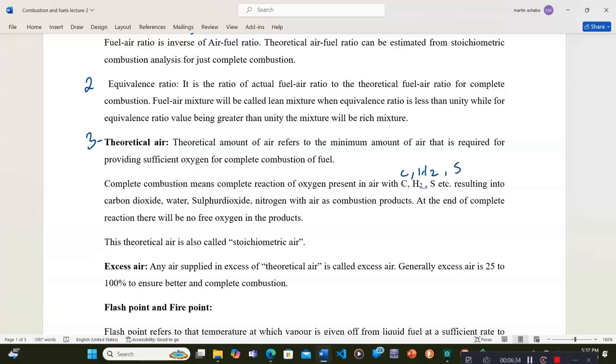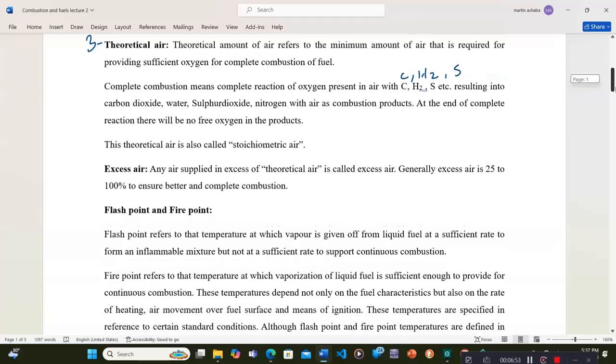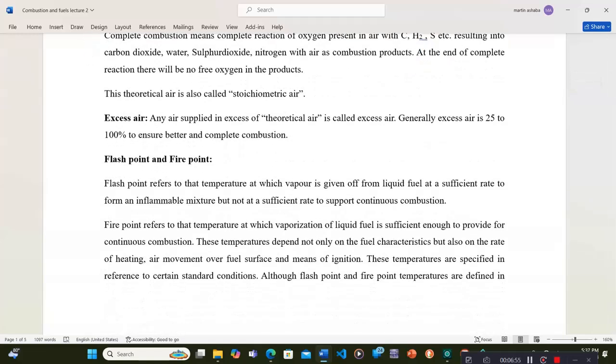Of course, all those are components of air. But by percentage, nitrogen and oxygen take the significant proportion. Therefore, when we talk about air, we always mean nitrogen and oxygen in our discussion in thermodynamics.